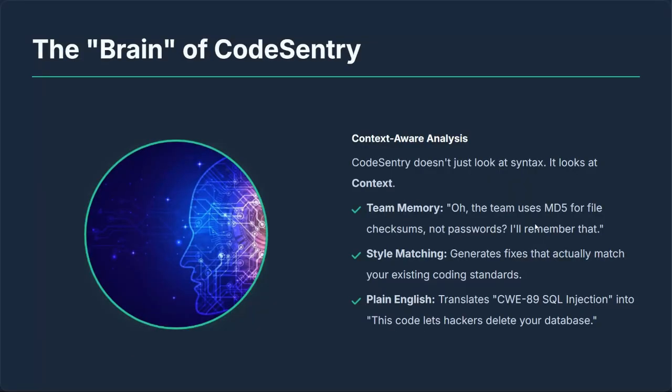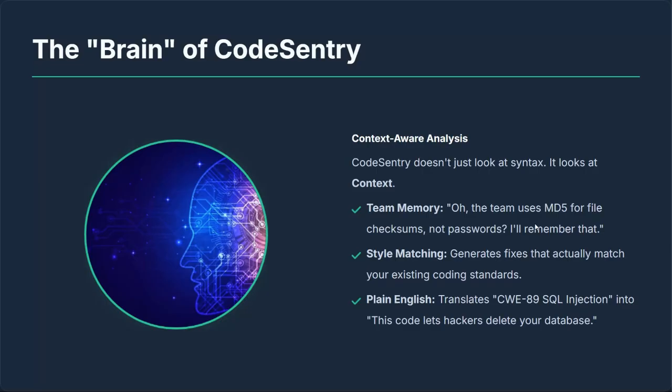The biggest advantage, or what we can call the brain of the CodeSentry solution, is that it is context aware. It doesn't just look at syntax and say, this is an issue that needs to be fixed. It will always use team memory. So it will understand things like, the team uses MD5 only for file checksums, and doesn't use it for storing passwords, and it will remember that.